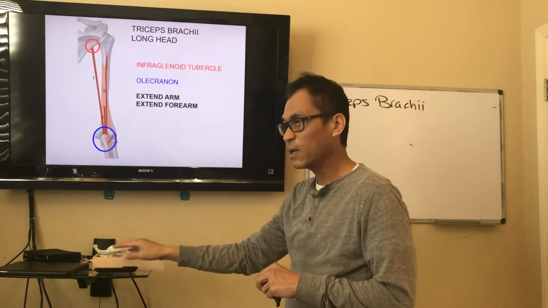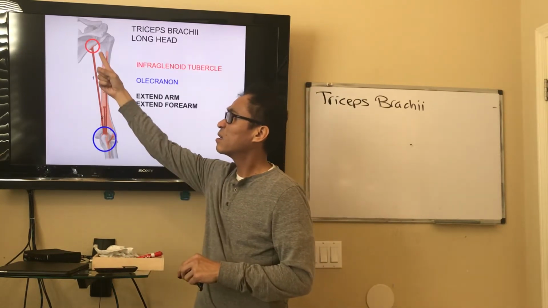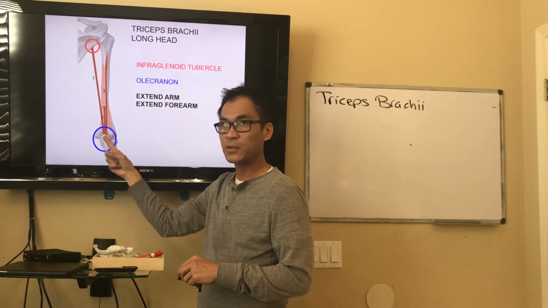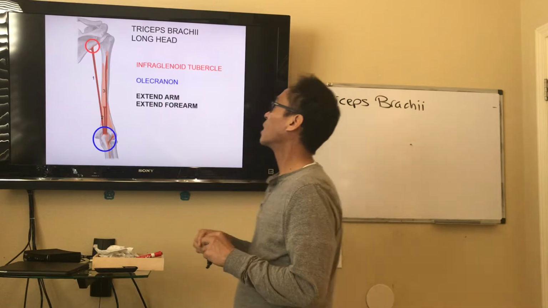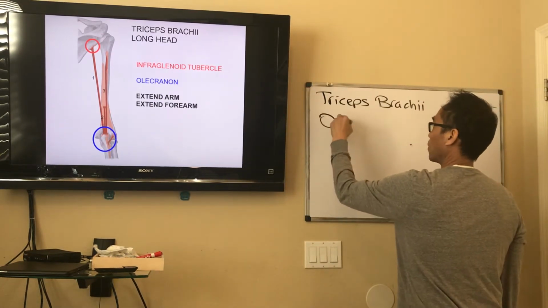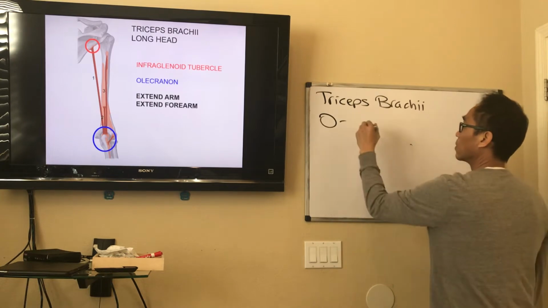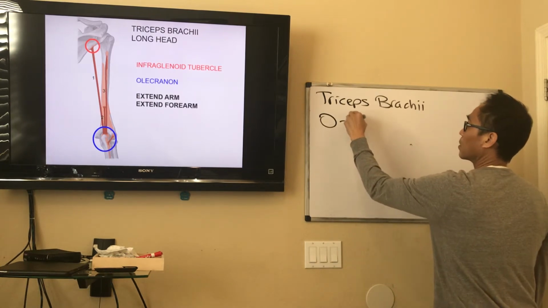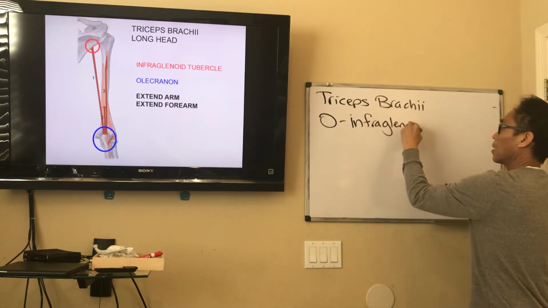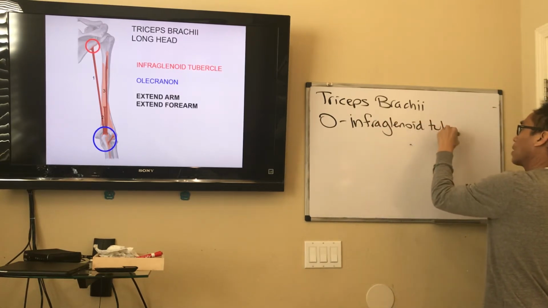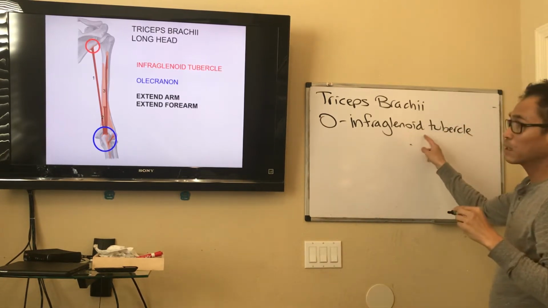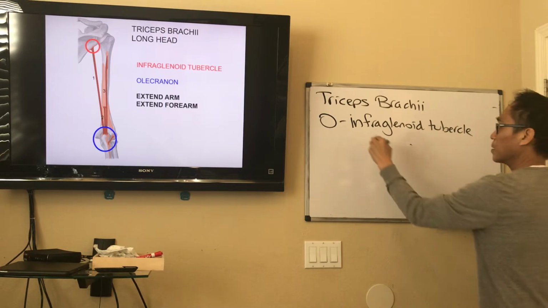For the long head, it originates at the infraglenoid tubercle. They all insert onto the olecranon. The origin for the long head is a structure on the scapula.